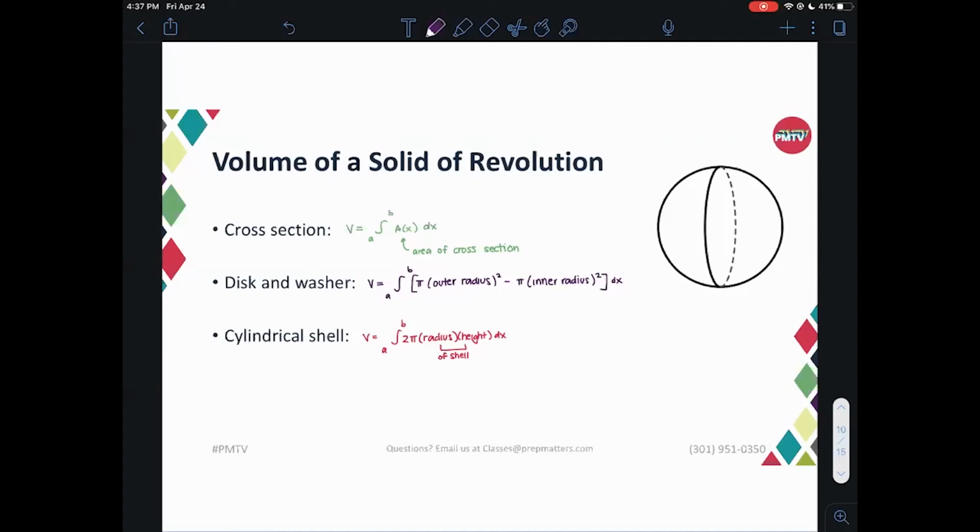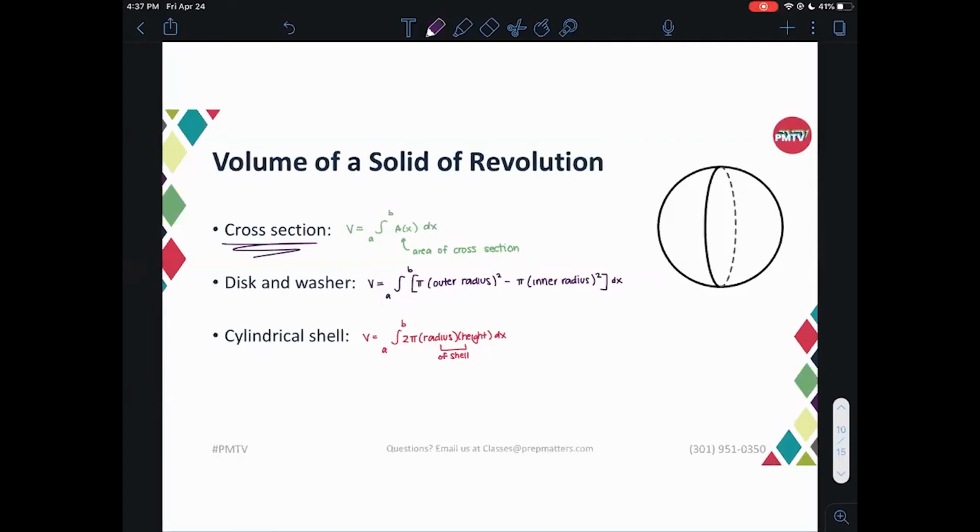And there's three general kind of thoughts of volume of a solid of revolution using these three formulas that you see here. So the first kind of big idea here is that the volume of a solid revolution can be thought of using cross sections.